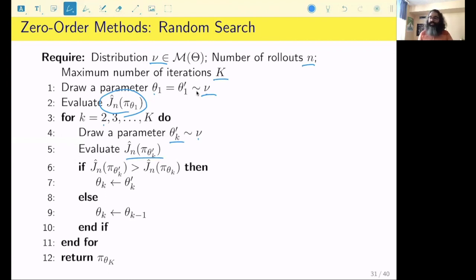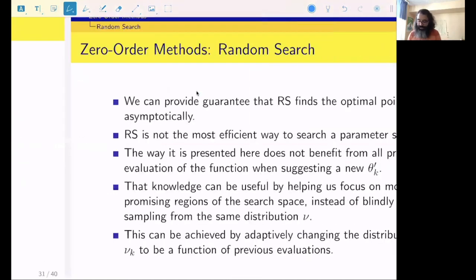If j hat of n of pi prime is better than the performance of pi of theta k, then I replace it. Otherwise, I just keep the previous value of theta k and keep doing this. So randomly choosing a point, if it's better than before, that becomes our new point; otherwise, we discard it. So this is the random search.